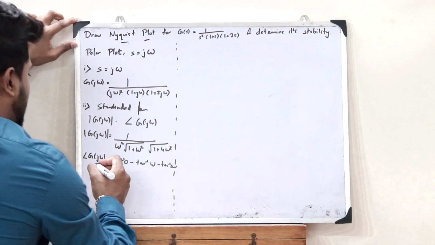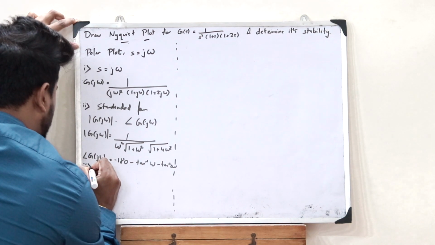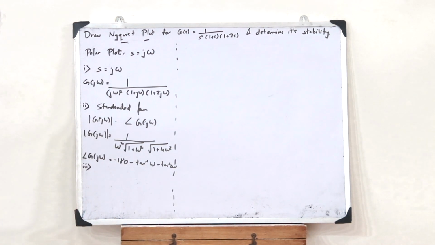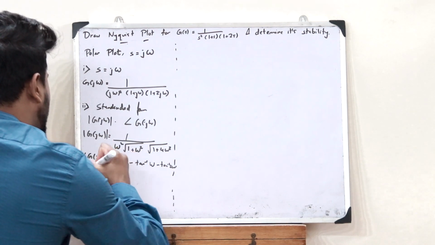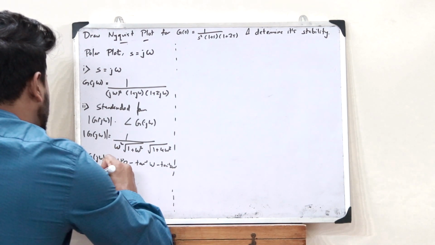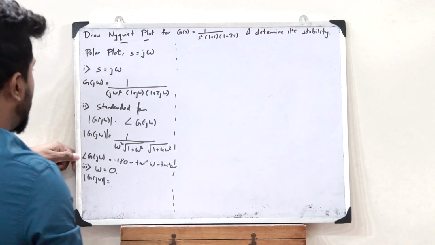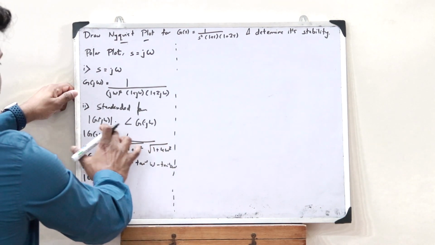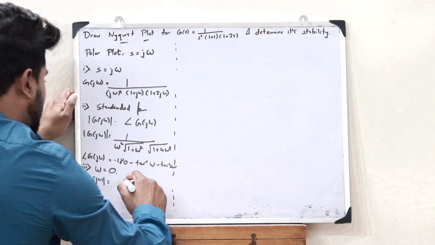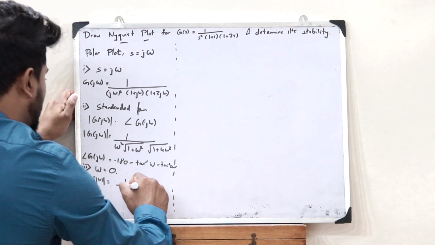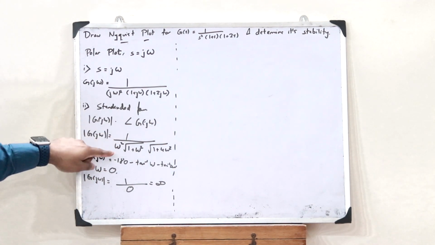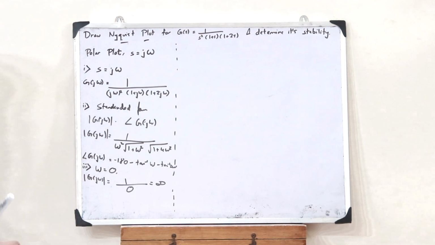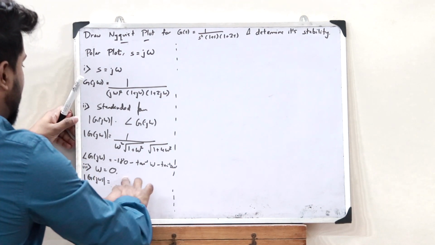Now after this, step number 3, we have to find the value of the magnitude and the phase at omega is equal to 0 and omega is equal to infinity. So at omega is equal to 0, the magnitude of g of j omega, substituting the value 0 in this equation, we would get 1 divided by 0, which is equal to infinity, because here we have omega which becomes 0 and 1 by 0 is equal to infinity. So the magnitude becomes infinity.